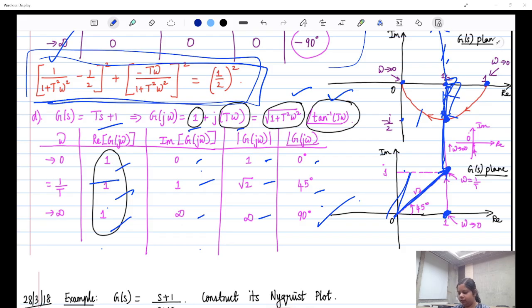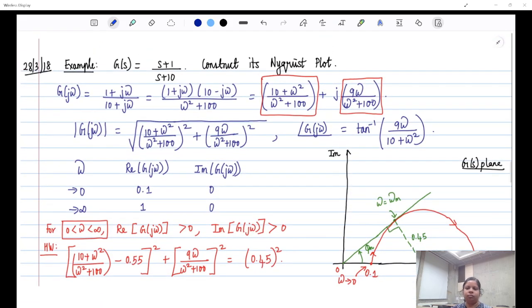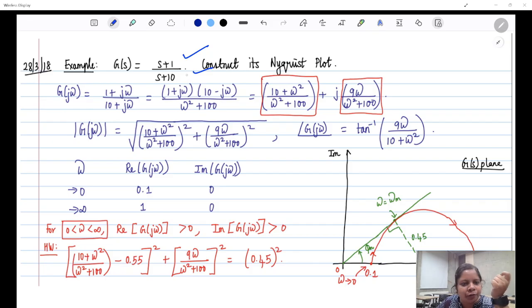If it is clear, then let's move to this example. So what is happening here? G(s) is given by (s plus 1) upon (s plus 10). Then we are supposed to construct the Nyquist plot for it.